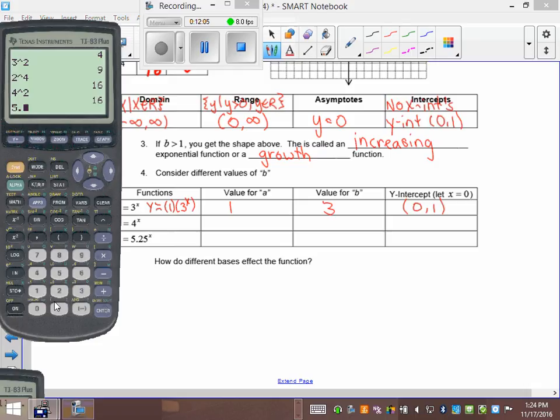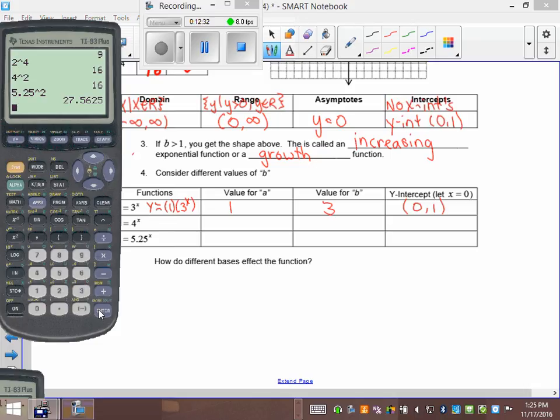And then 5.25 to the power of 2, it's going to be at 27.5625. So it's growing faster, right? Those are all the same x value of 2, but with the 2 to the x graph, it was at 2 and 4. With the 3 to the x graph, it's going to be at 2 and 9. With the 4 to the x graph, it's going to be at 2 and 16. With the 5.25 to the x graph, it's going to be at 2 and this. So it's going to grow faster, so it's going to look like that, right?